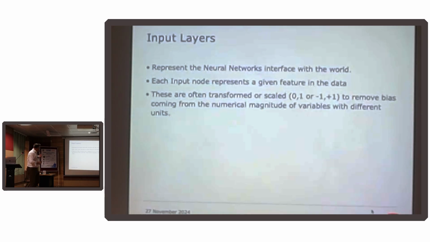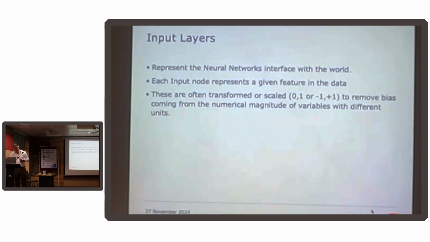So an input layer, I'll just go into these in some more detail. I'm not going to have time for the full lecture today, but I'm going to start getting some of the concepts across. So an input layer is the interface with the world. As your neural networks, you have an input layer of your eyes, your ears, your skin, your nose, your mouth. They are your input nodes, effectively. With all of those, your neural network interacts with the world.